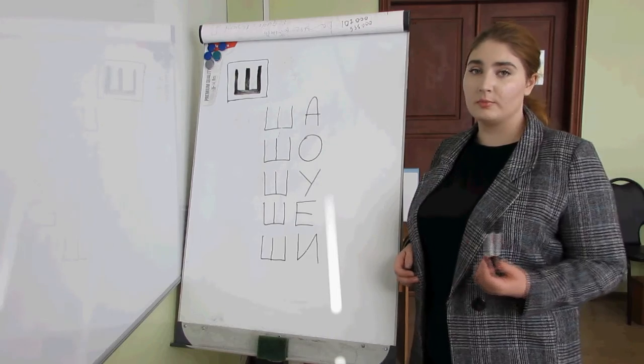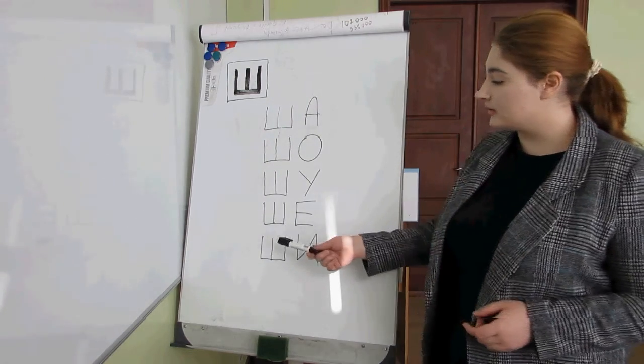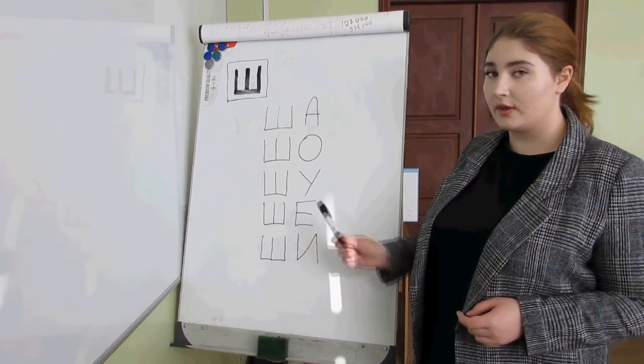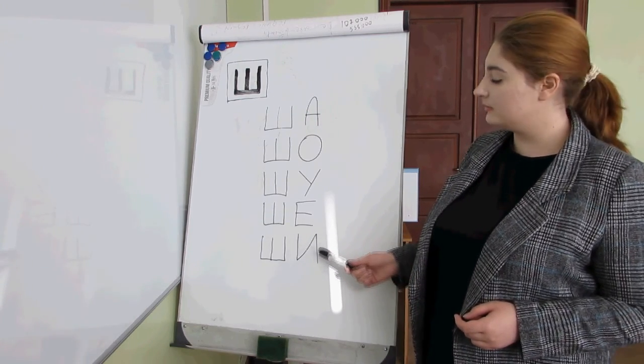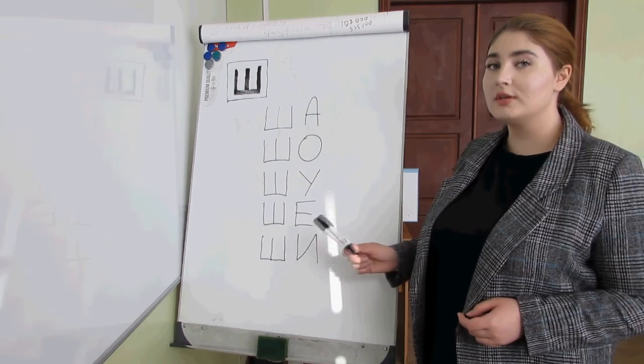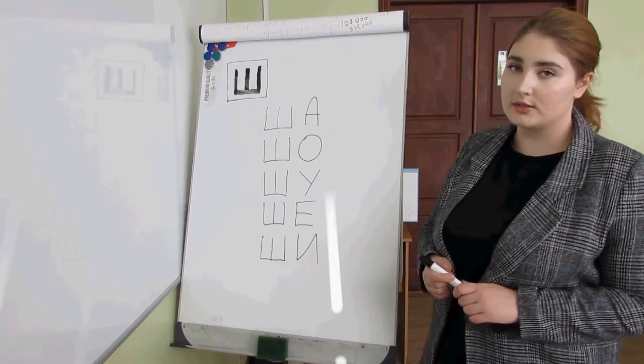As I mentioned before, after the consonant Ш, we always use the letter E, not U. Let's continue.